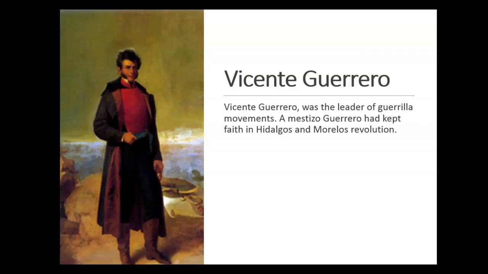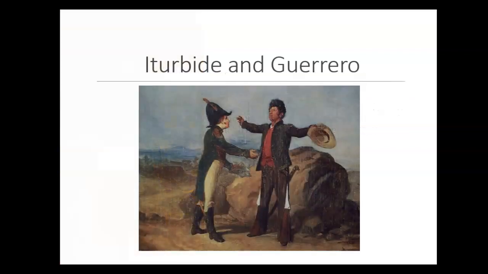By this time, Vicente Guerrero was the leader of the guerrilla movements, and the mestizo Guerrero had kept faith in Hidalgo's and Morelos' revolution. Iturbide and Guerrero rallied a winning coalition with guarantees of an independent constitutional Mexican monarchy that preserved traditional religious and military privileges and offered social union, vaguely implying the equality of all Americanos with peninsular Spaniards.